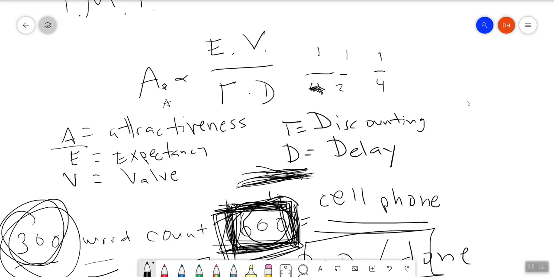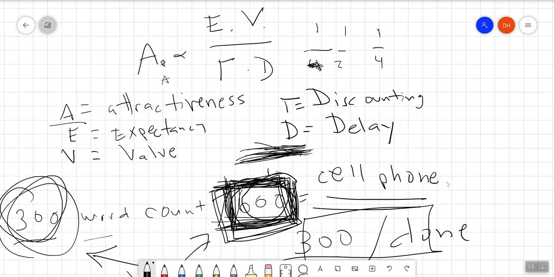So think of it like this. The value that you add to a project as you're doing it could be something as simple as almost bribing yourself, right? So the way I break this down comes into this idea down here of word count. I just wrote out 300 and 600 here because they're pretty digestible word count goals.